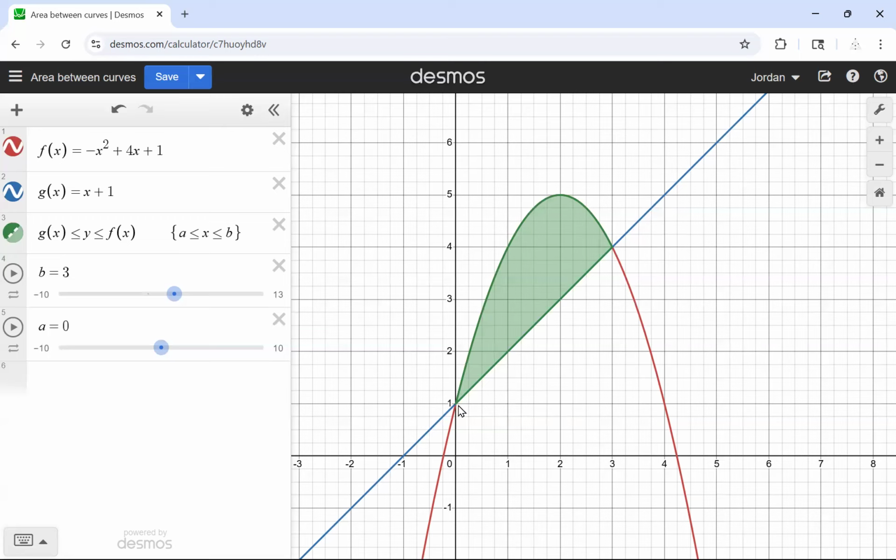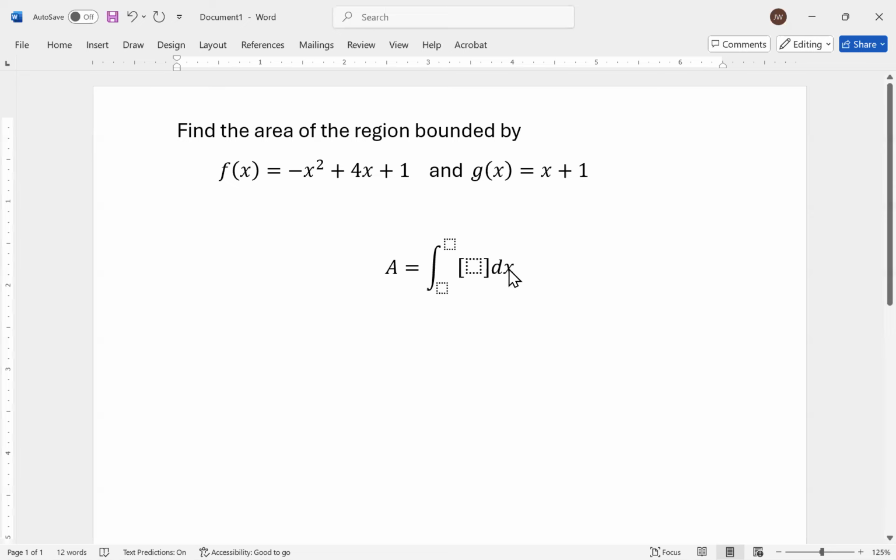So we're going to be integrating from x value of 0 to x value of 3, and my f is above my g. So the f is above the g.